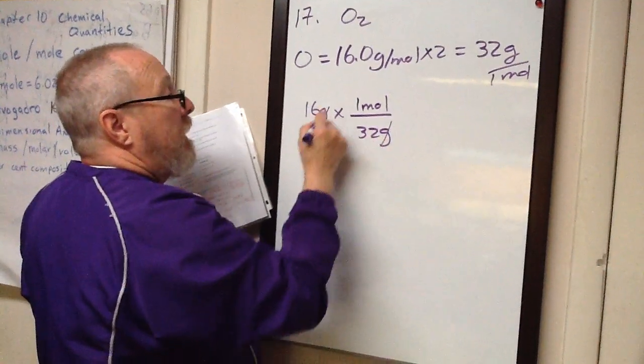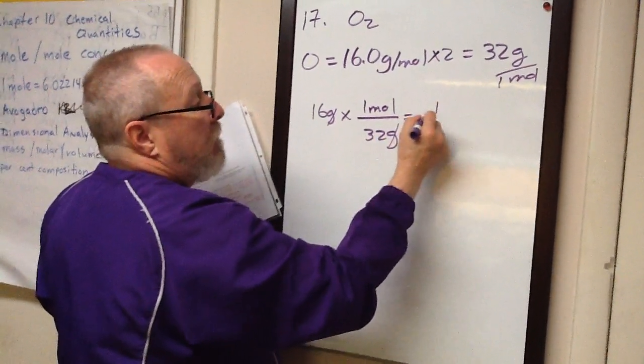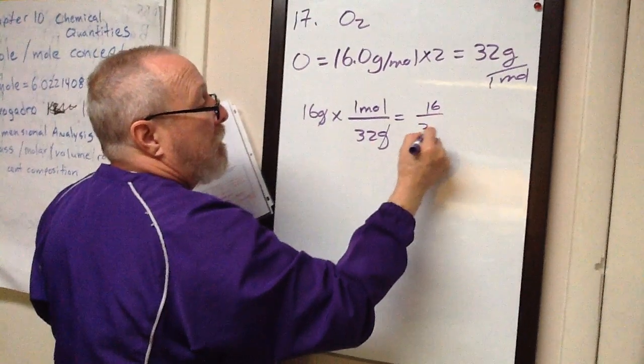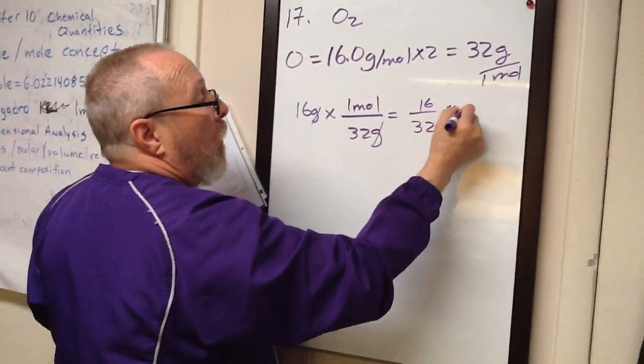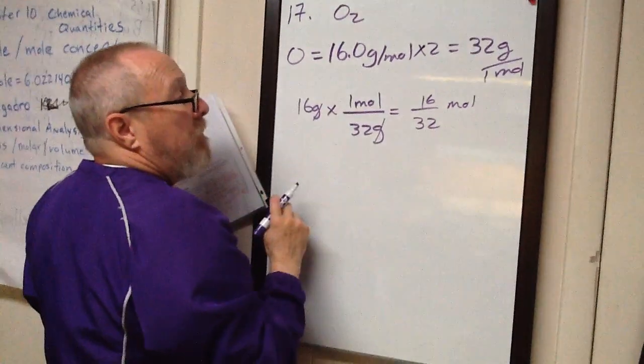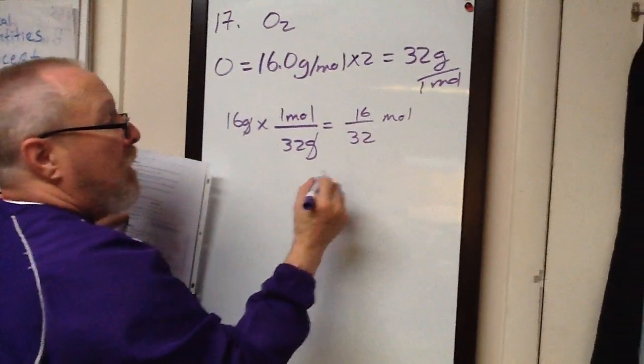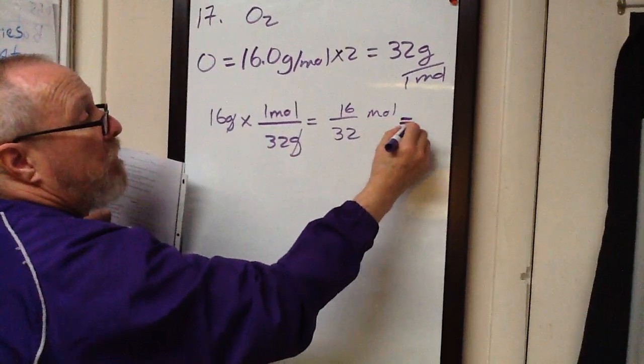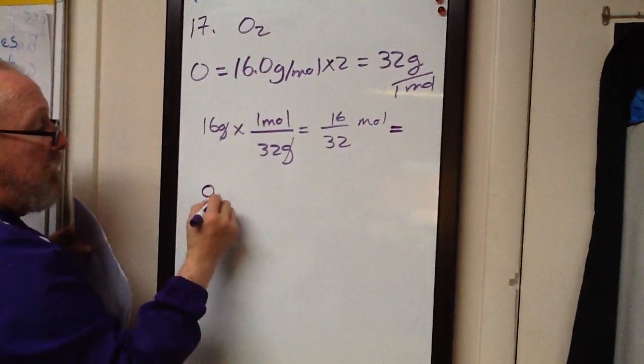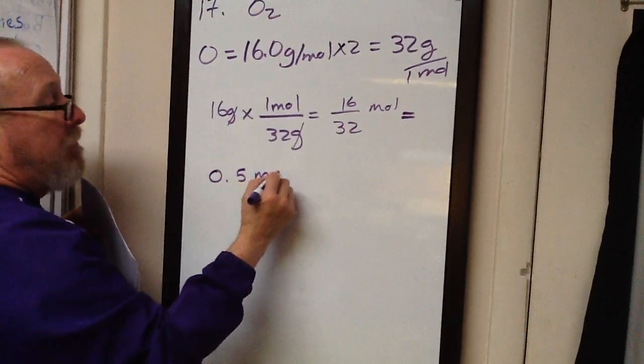Now my grams cancel, and I have 16 divided by 32. Mole is my units remaining. So my answer is 16 divided by 32, which is 0.5 mole.